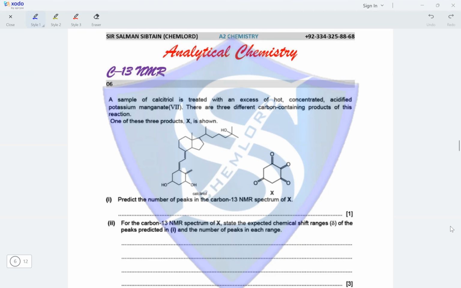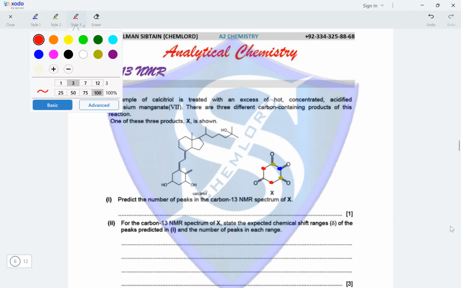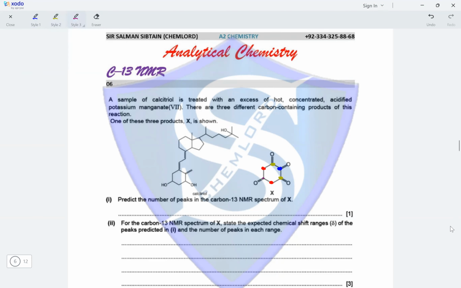So, in order to predict the number of peaks, we would end up with a peak for this carbon atom. Then we've got two carbon atoms which have a similar environment adjacent to this one. So, this would be the second environment. The third environment would be the CH2 groups on both sides, and the fourth environment would be the C double bond O group at the bottom.